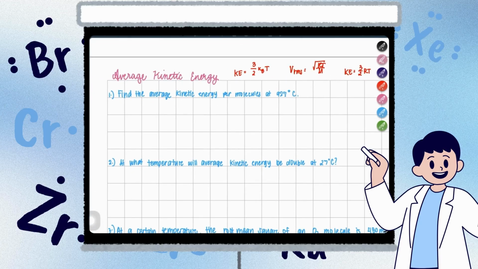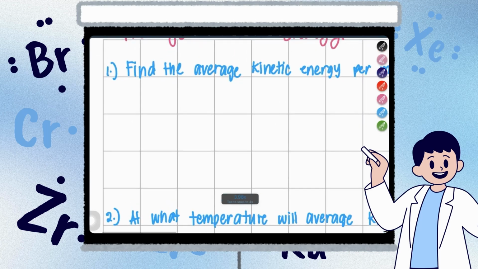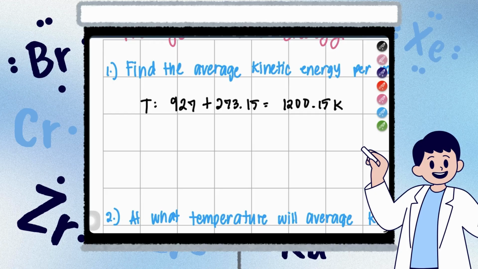So for our first problem, we have: find the average kinetic energy per molecule at 927 degrees Celsius. So for the temperature, we have to add 927 degrees Celsius plus 273.15 to convert it into Kelvin. So we have 1200.15 Kelvin.